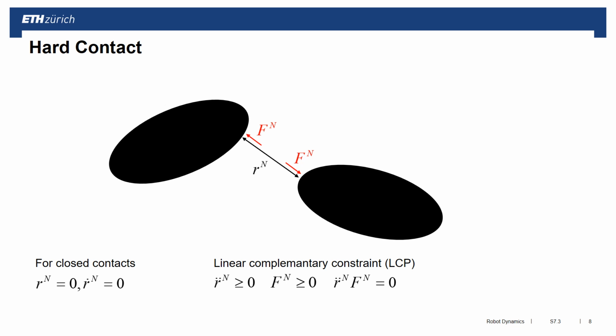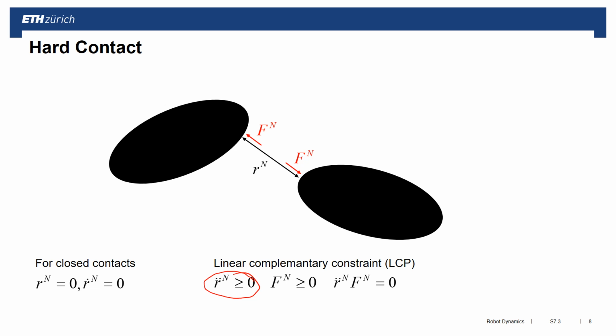In fact, what that means is that if we are closed, so if both Rn is 0 and R dot n is 0, then I have to have an R double dot n which must be greater or equal to 0. It can be 0, that means also in the future we're going to stay closed. If we are 0, then we can apply a certain force Fn.